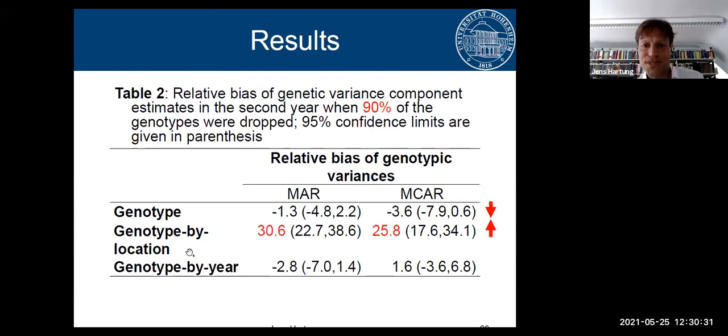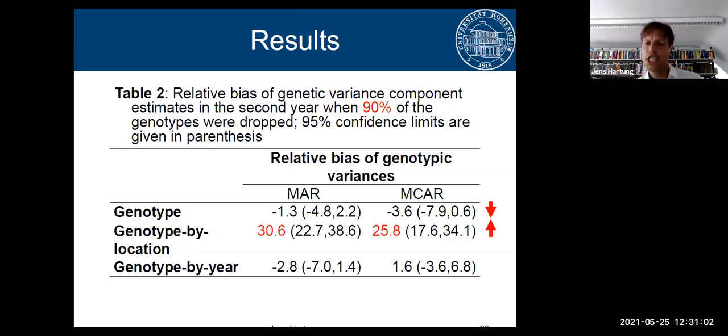Yeah, that's a good question. What we did here is blup-based selection, so the genotypes are selected by blup. This does not matter whether it's blup or blue. But if you have 90% dropout, then the best 4 genotypes are selected in the first year.